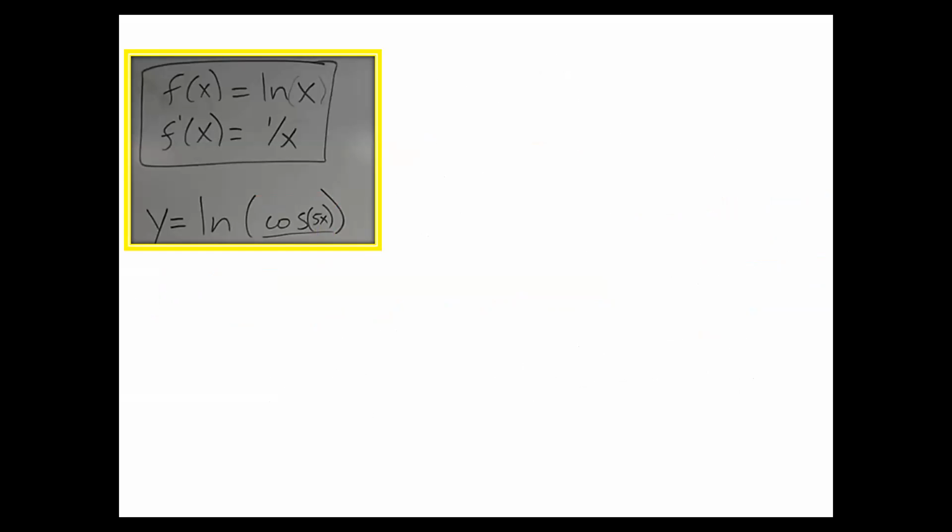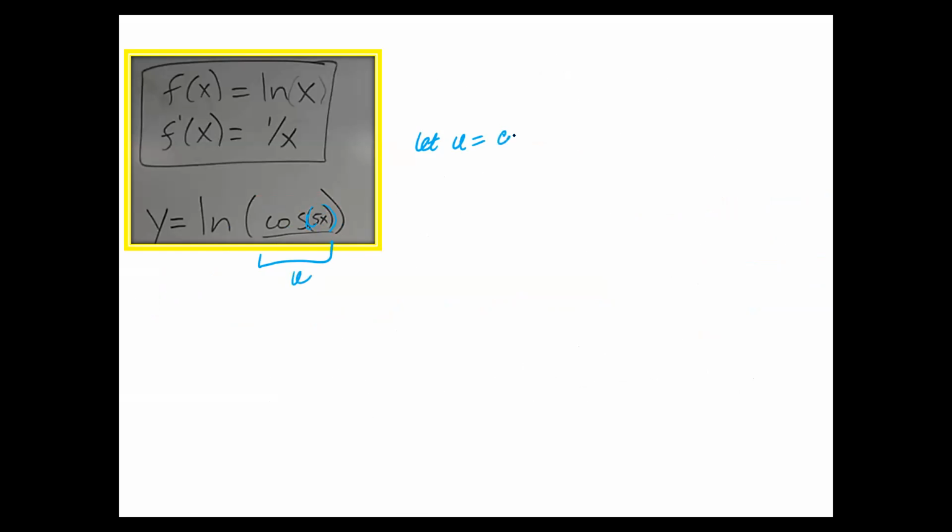All right, let's take a look at this one. Here you have f of x equals ln x, f prime of x is 1 over x, as we know. Your goal is to find the derivative of ln cosine of 5x. So we have ln, a chain with a trig function, and a chain inside of a chain, which is a little bit crazy. Let u be this inside part, cosine 5x.